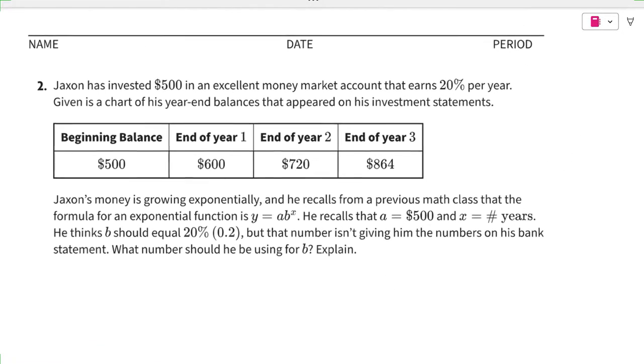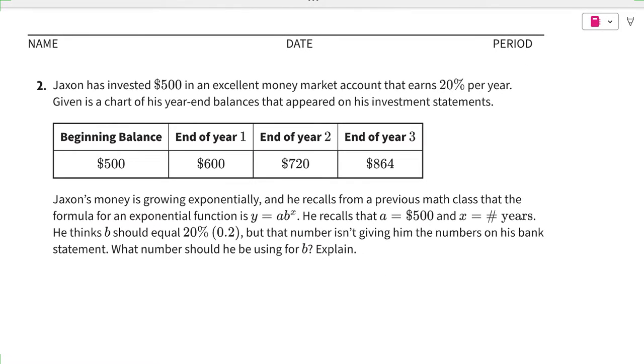Question 2 says, Jackson has invested $500 in an excellent money market account that earns 20% interest per year. Given is a chart of his year-end balances that appeared on his investment statements. Jackson's money is growing exponentially, and he recalls from a previous math class that the formula for an exponential function is y equals ab to the x.